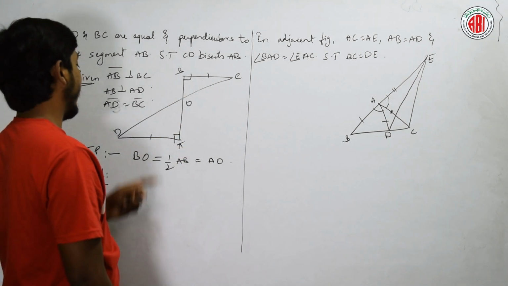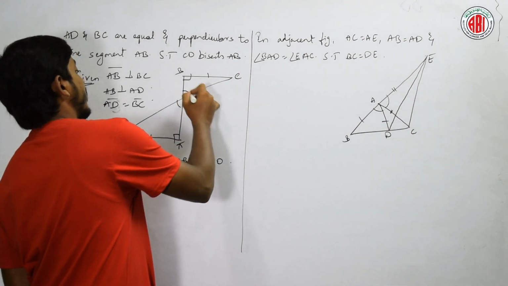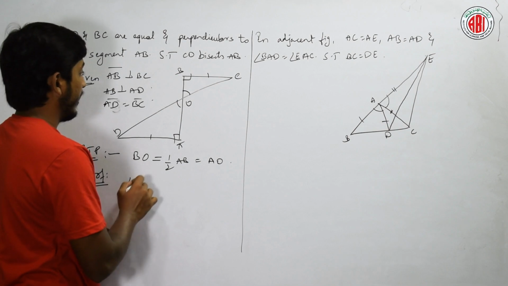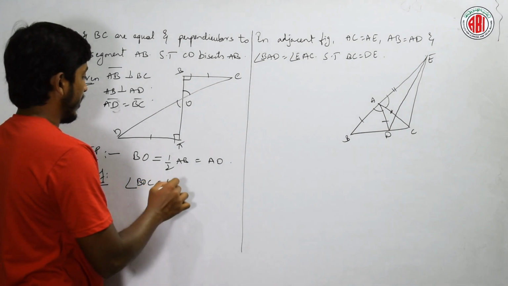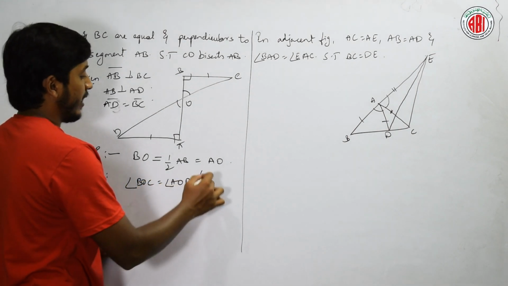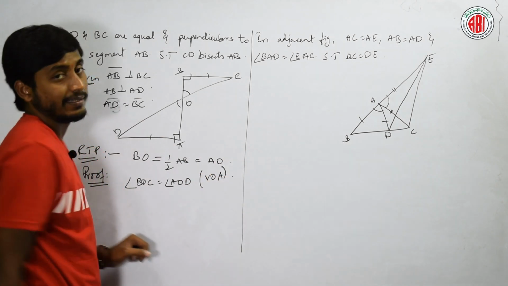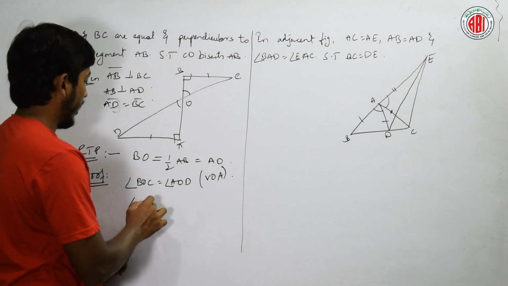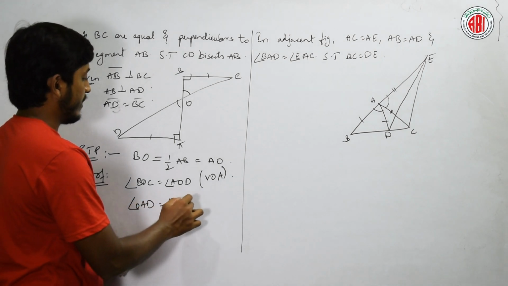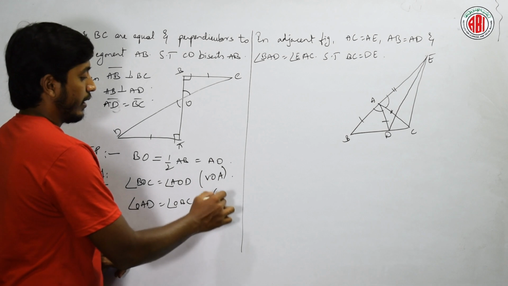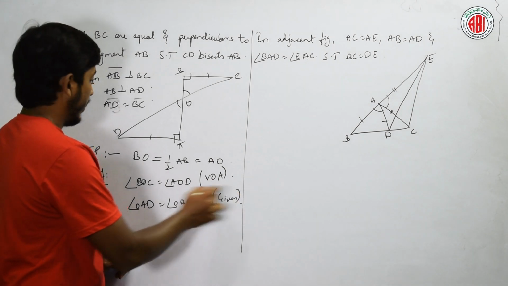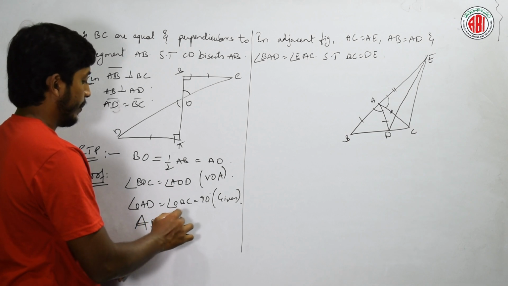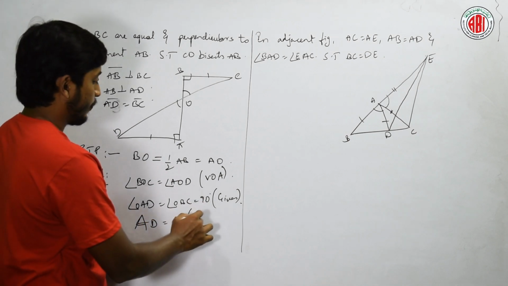Then you can tell that these angles are always equal, that is angle BOC is equal to angle AOD by vertically opposite angles. And one more, angle OAD is equal to angle OBC, equal to 90 degrees, given. And side AD is equal to BC, this is also given.